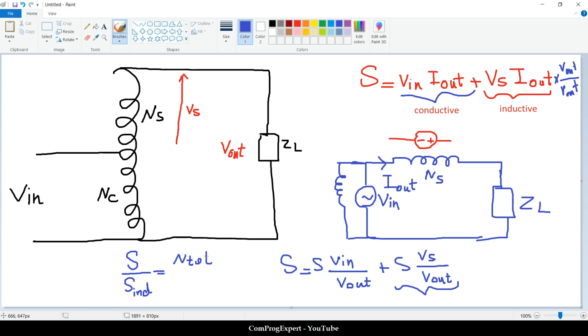So if we have a single-phase transformer and use its two coils to construct an autotransformer, we will have a higher value for the apparent power, and we can find the relation using this fraction.